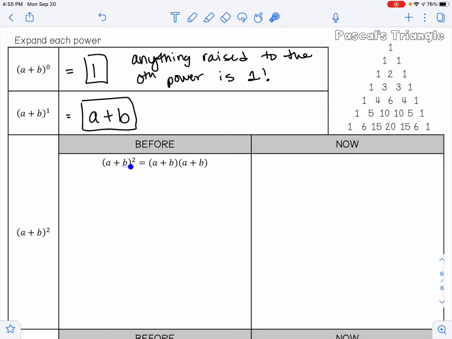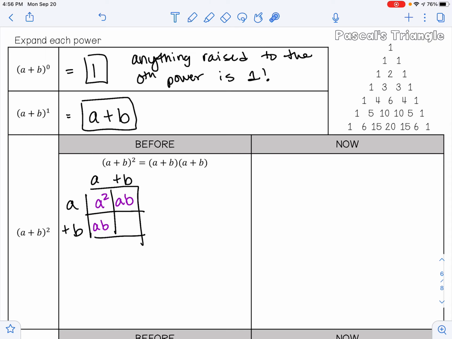Let's look at how we would multiply a plus b squared before. Before we knew about Pascal's triangle, if I gave this to you, you would have said, okay, a plus b to the power of 2 means that I have a plus b times a plus b. So let's multiply that. a times a is a squared. a times b is ab. b times a is ab.